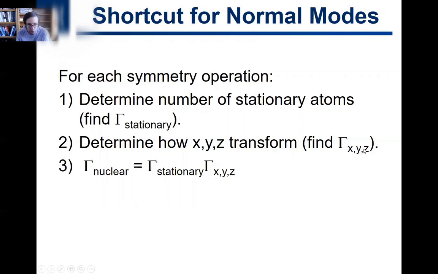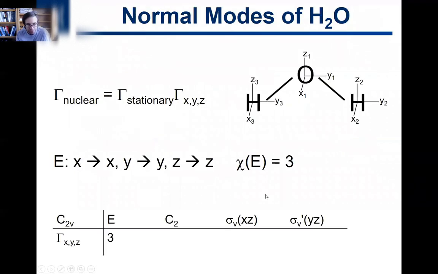So we'll call that gamma XYZ. And then to find the total transformation representation for all the degrees of freedom, I'm calling this gamma nuclear, you just multiply the two. All right, so let's show you how this is done. And this ends up saving a lot of time because you're only solving for things that you actually need in your end result.